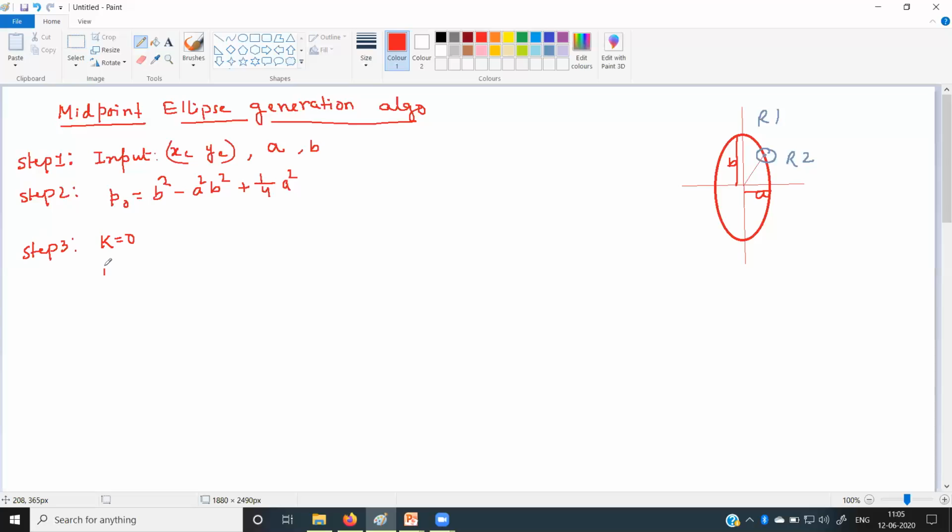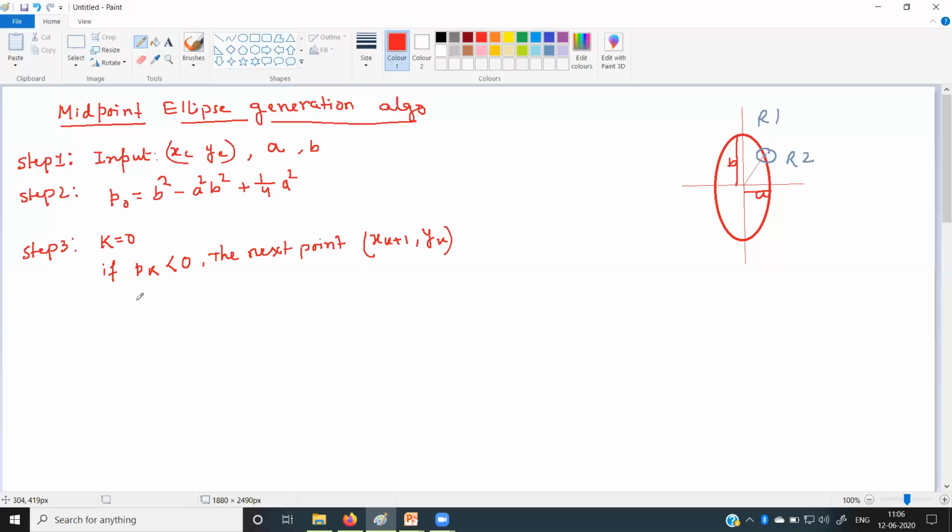Now we check if Pk is less than 0, then the next point on the ellipse will be x of k plus 1, comma, yk.